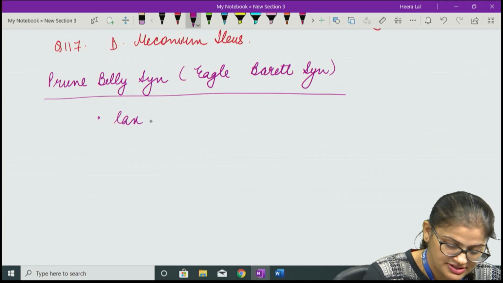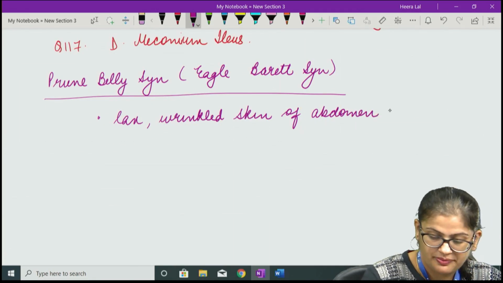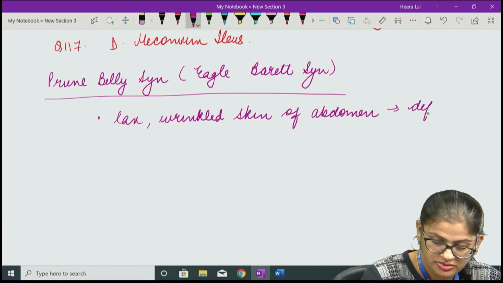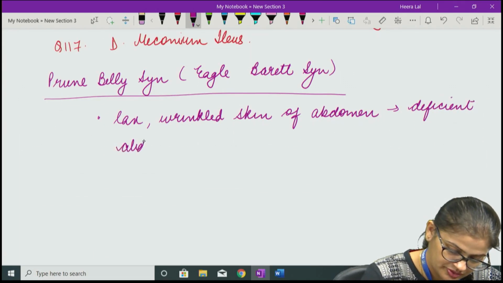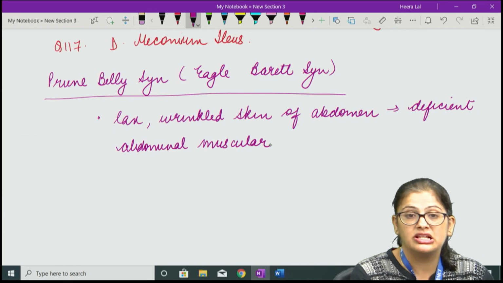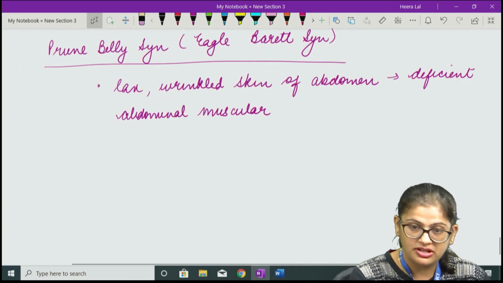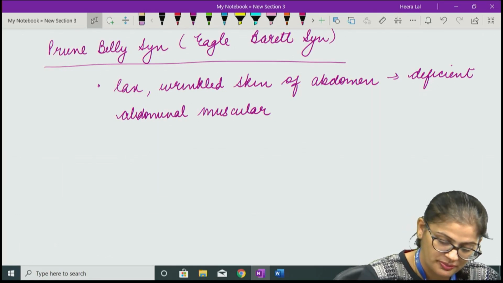So there is lax and wrinkled skin of the abdomen that results due to deficient abdominal musculature. And apart from this, the skin looks like that of prune, so that is why it is called prune belly syndrome. The wrinkling of the skin looks like prune.